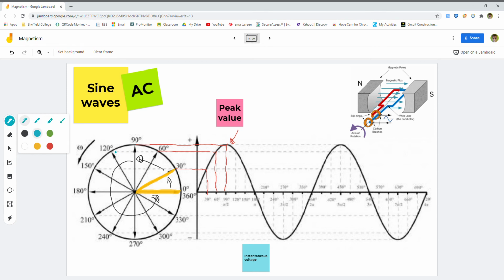When we're at 120 degrees, we're going down, and so on and so forth. When we're at 180 degrees, we are in line with the lines of flux now, so we're not going to be generating anything. And then this continues on this half of the sine wave, which is our negative side, and so on and so forth, like so.